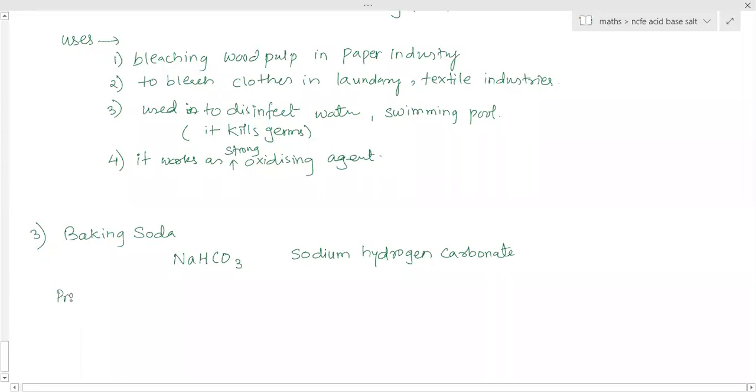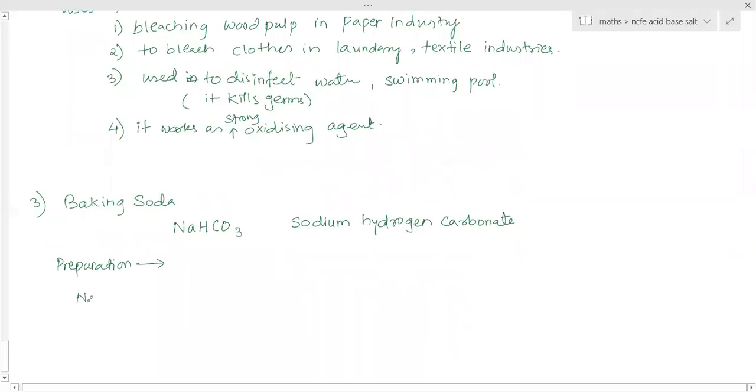Its preparation. It is prepared by combining sodium chloride with water, carbon dioxide, and ammonia. This is the commercial preparation.